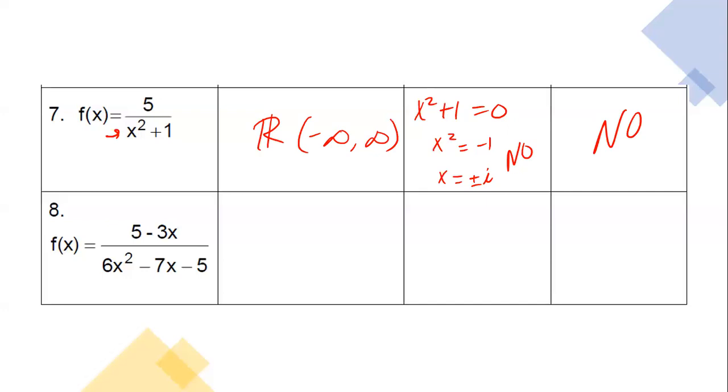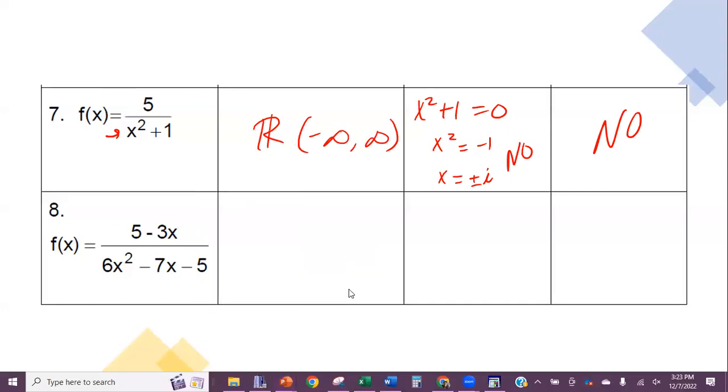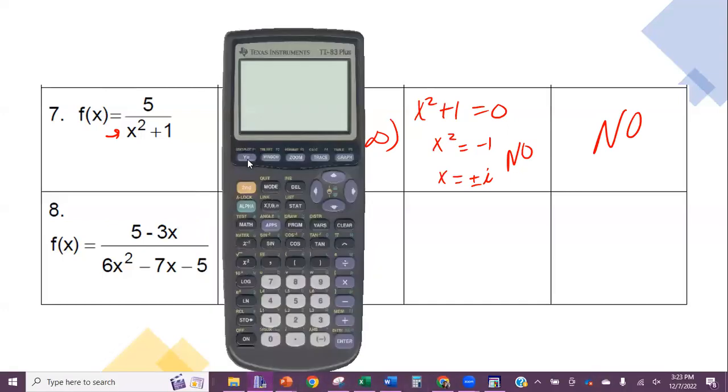Okay? So let's look at the graph of that. I'm going to graph 5 divided by x squared plus 1. And I hit graph.